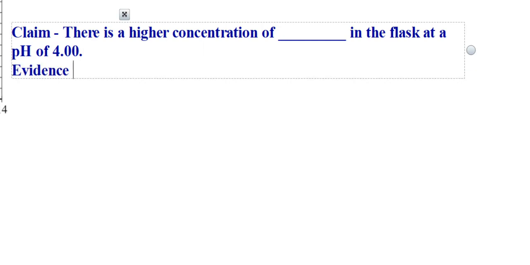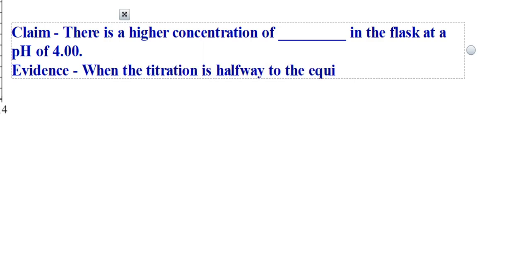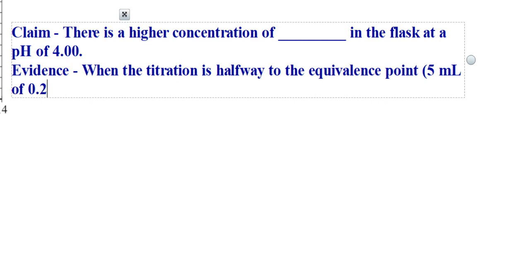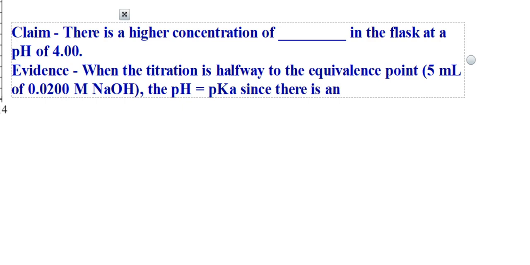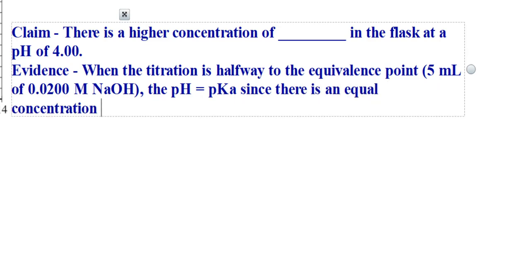Okay, let's go to the evidence here. When the titration is halfway to the equivalence point, which is 5 milliliters of the 0.0200 molar NaOH, the pH is equal to the pKa, since there is an equal concentration of weak acid and its conjugate base.